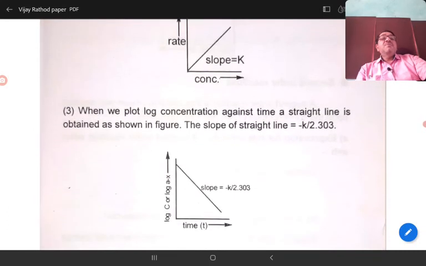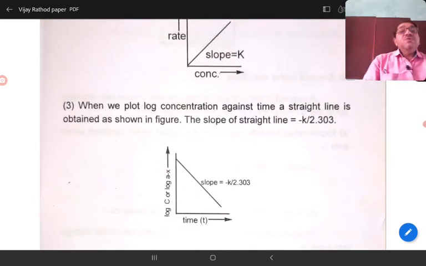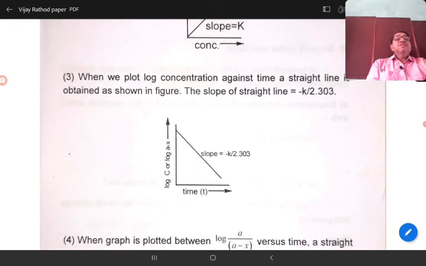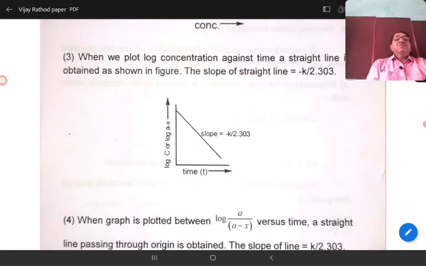Another type of graph in case of first order, when we plot log concentration against time, a straight line is obtained as shown in the figure, but the nature of the straight line is different from the earlier one. The slope of the straight line is shown by minus k upon 2.303. Here time is shown on the x-axis and log of concentration C or log of a minus x is shown on the y-axis.